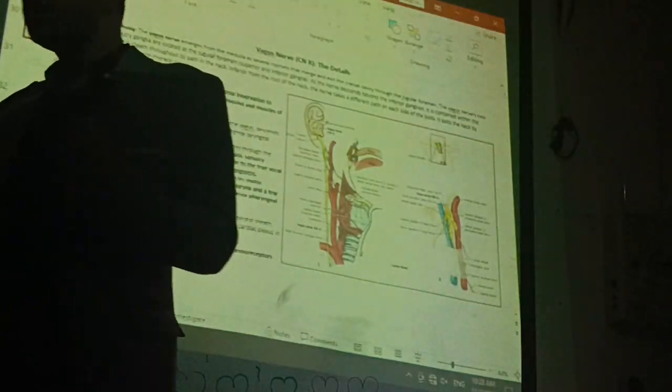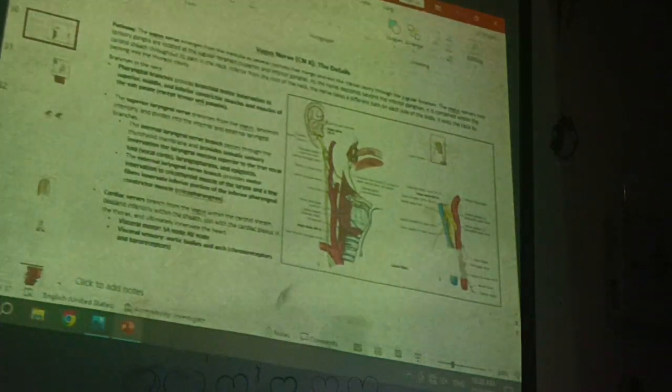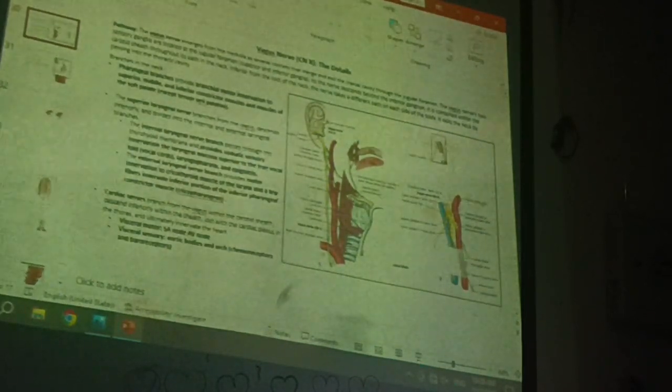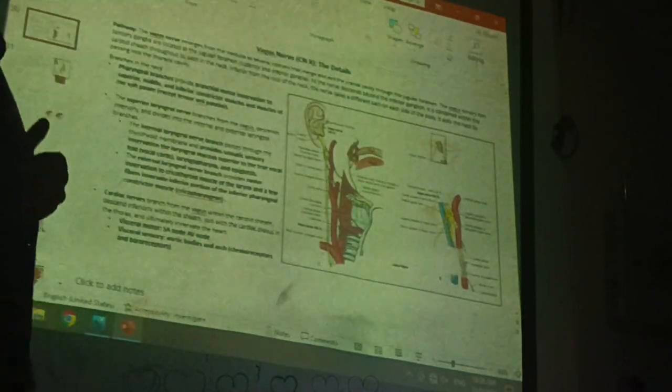Okay, so I am saying that the main part of the vagus nerve is parasympathetic fiber. The sympathetic and parasympathetic have a presynaptic neuron and a postsynaptic neuron. These ganglions are the site of synapses between the pre and postsynaptic fiber.